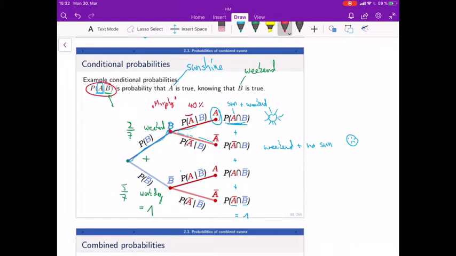Obviously the chances then, branches always have to add up. So the chances that we get no sunshine on a weekend, so P of not A, given that it's the weekend, have to be 60%.